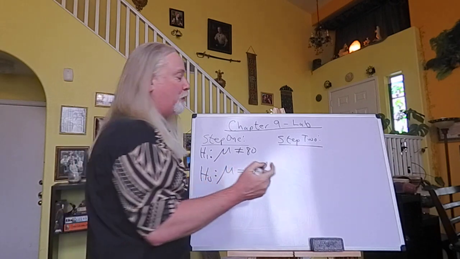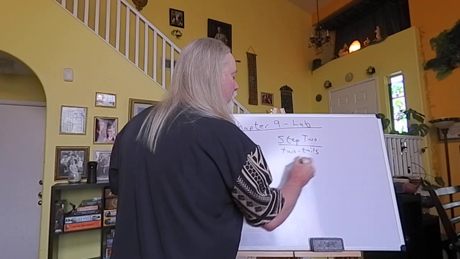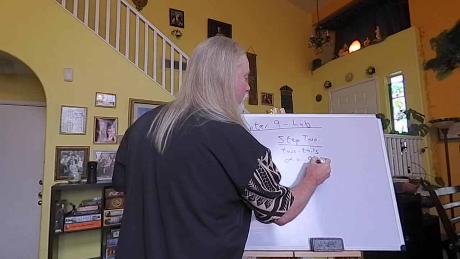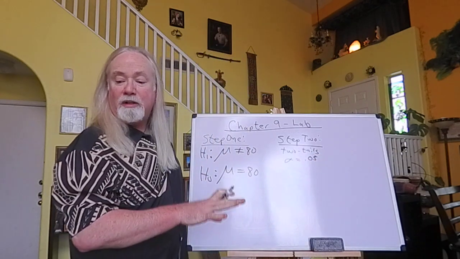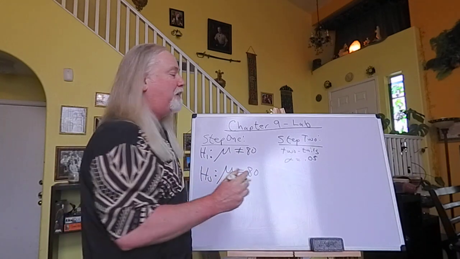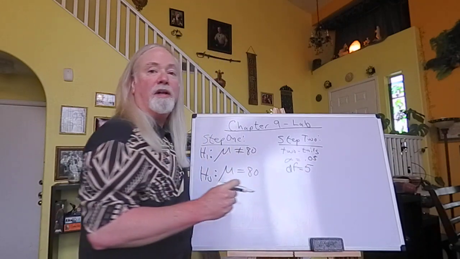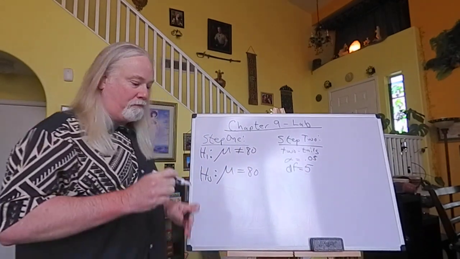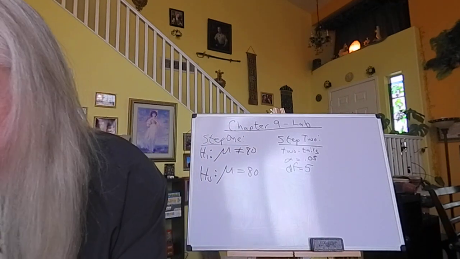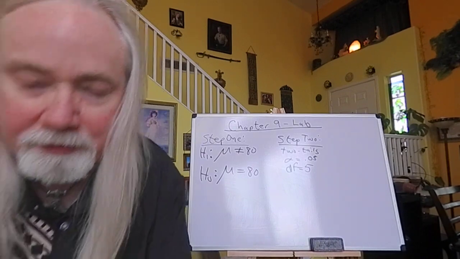Well, the problem told us to run this two-tailed. We were instructed to use an alpha level of 0.05. And of course, the third thing we need to look up our critical value is our degrees of freedom. We're told that the sample size is 6, so our degrees of freedom is 5. Based on that information, we look that up in our t-distribution table, as always.